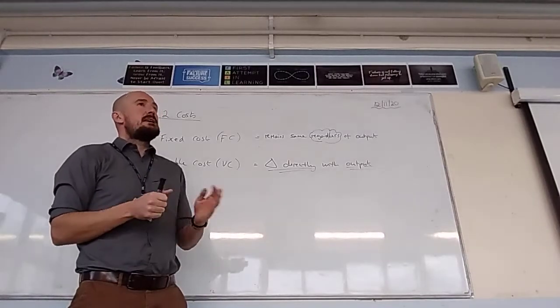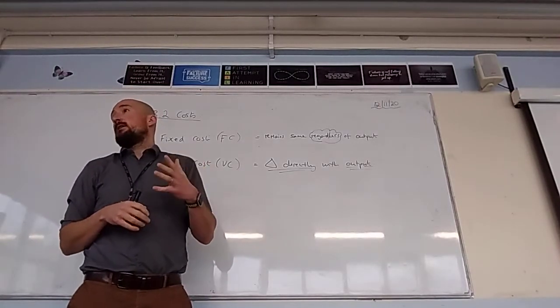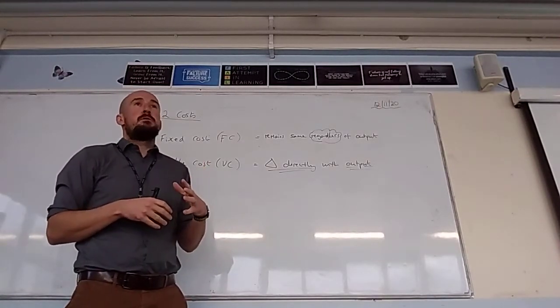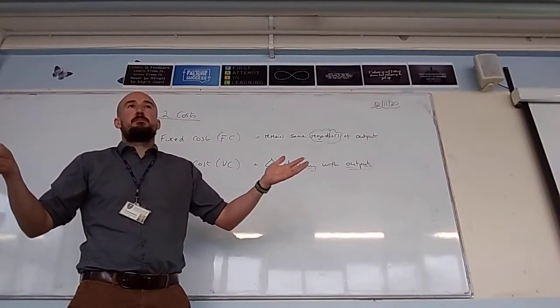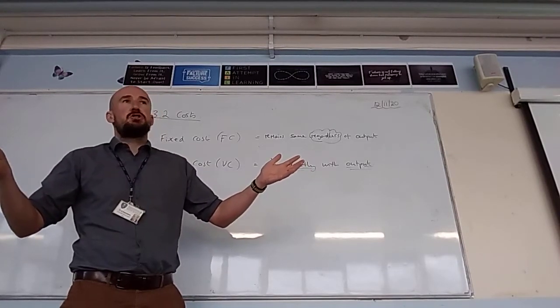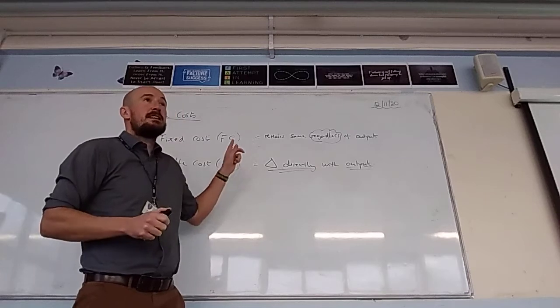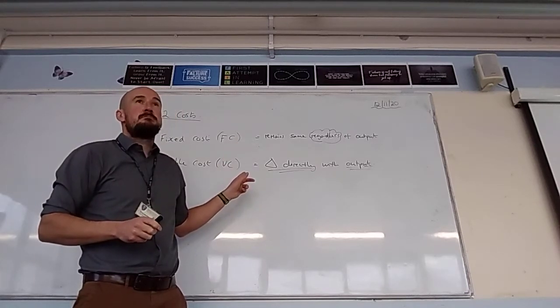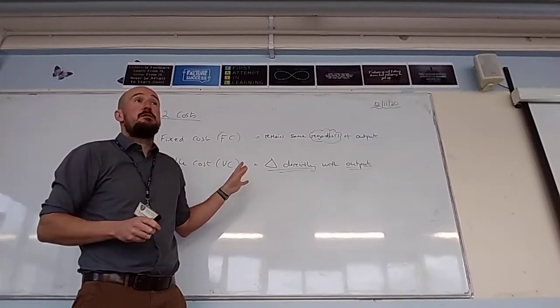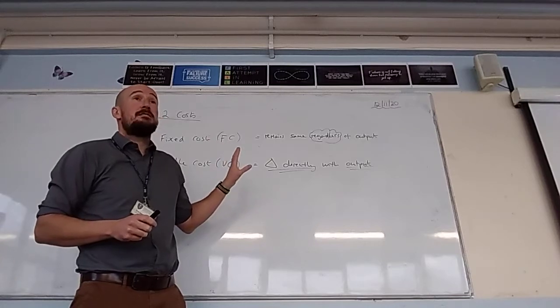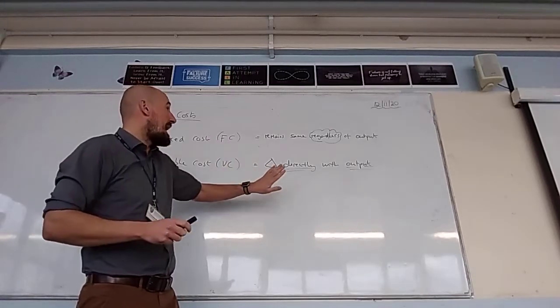Then once a year, the mobile phone company will put the price of my bill up just because of what natural economic phenomenon? Inflation. Does that suddenly make it a variable cost because it's changed? No, because it has to be directly linked to the amount of output.